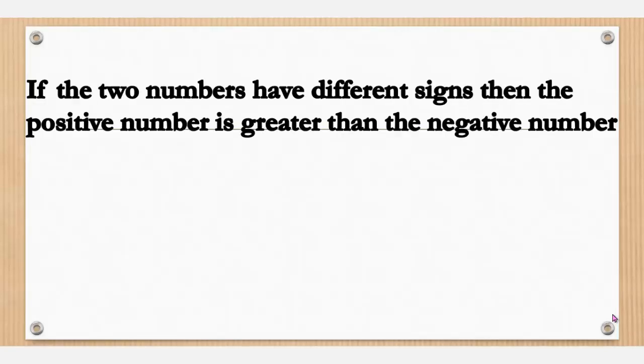Let's have some important remarks now. If the two numbers have different signs, then the positive number is greater than the negative number. For example, 0.05 is sure greater than any negative number.